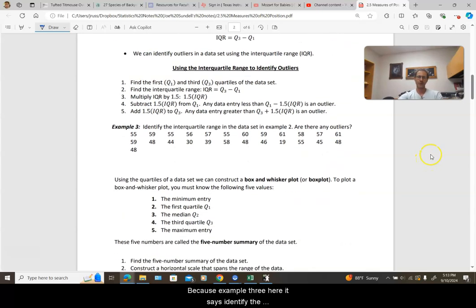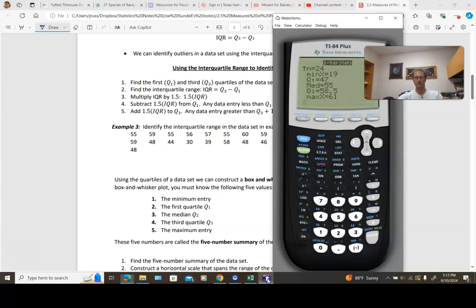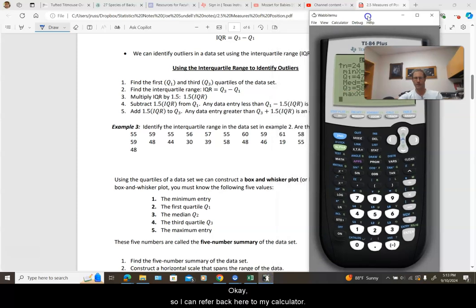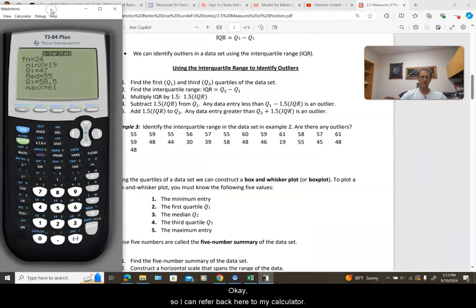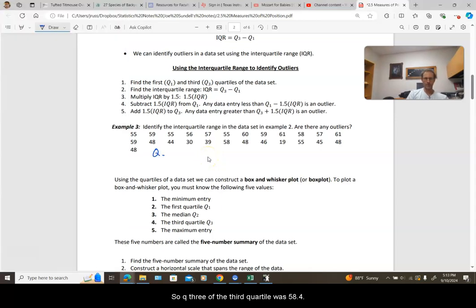Example 3 here says, identify the interquartile range in the data set in example 2. And then, are there any outliers? Well, we're using that same data set, so I can refer back here to my calculator. Q3, the third quartile, was 58.5. Now, remember, this is in thousands of dollars.